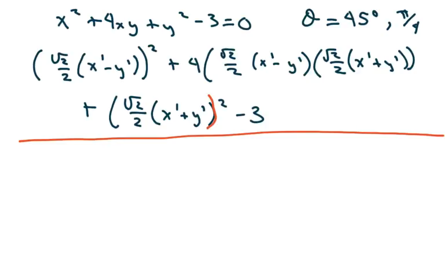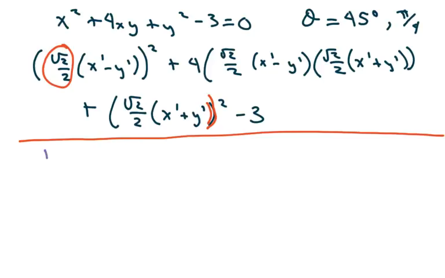Let me put another, should be 2 parentheses here. Okay, now I'm going to clean this up and square everything out. So I'm going to square this, which is going to be 1/2, and then expand. I'm expanding and simplifying at the same time.